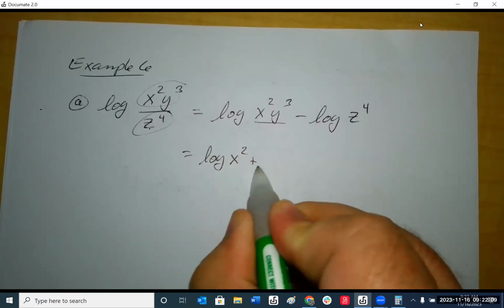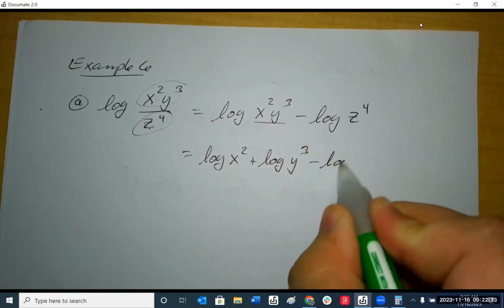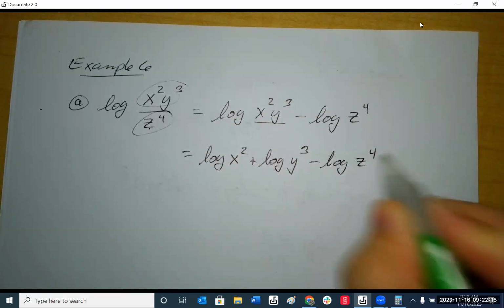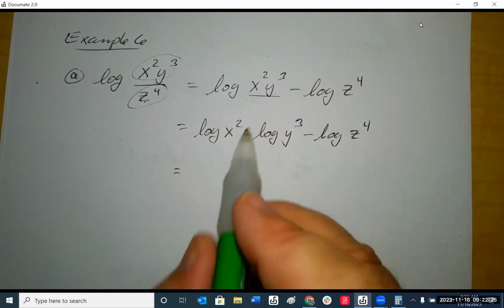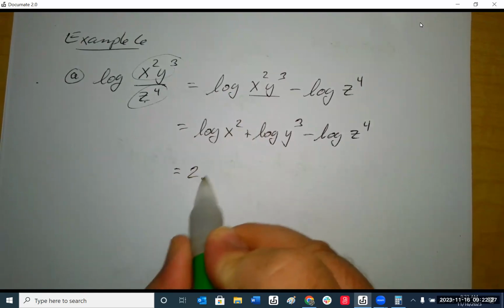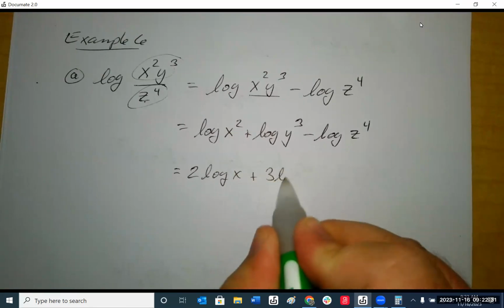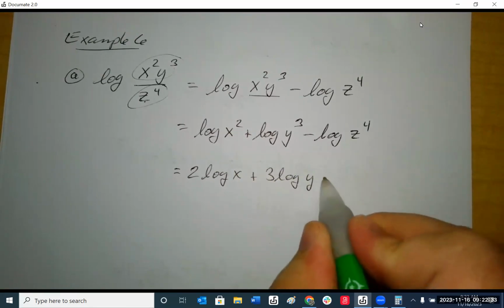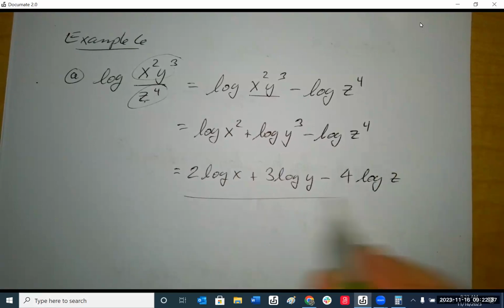Log x squared plus log y cubed. Are we finished? What's last? Beautiful, perfect. So 2 log x plus 3 log y minus 4 log z. That is your answer.